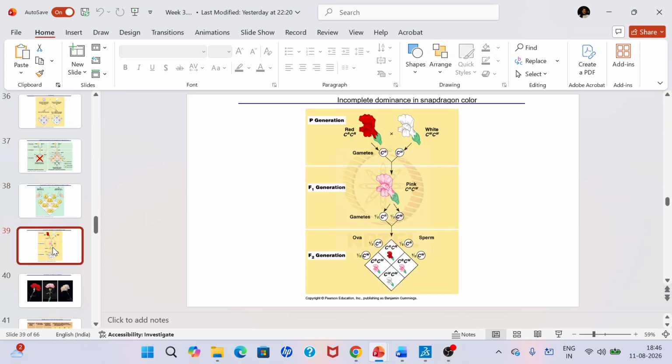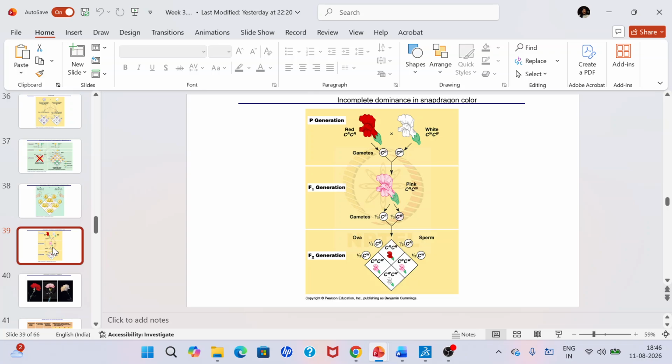Then came another concept, that is incomplete dominance, in which we saw that a single allele is not completely dominant over the other allele. That means that when a red color, dominant character flower, was crossed with a white color, recessive color flower, it should have given us all red color flowers if it was a complete dominance situation.